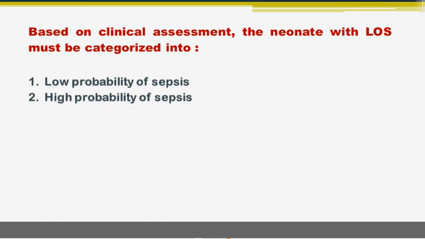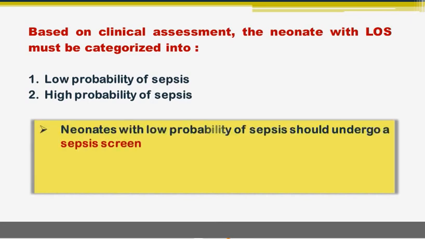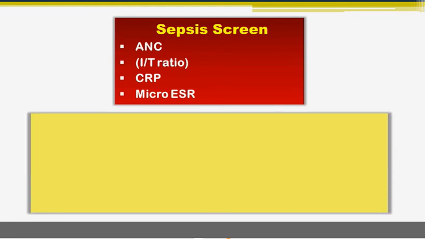The purpose of the sepsis screen here is to rule out sepsis, not to rule it in. I remind you: the absolute neutrophil count less than 1,000, the ratio between immature and mature neutrophils more than 0.2, the positive C-reactive protein, and the high micro-ESR more than 15 or more than the age of the baby plus 3. These are the sepsis screen.